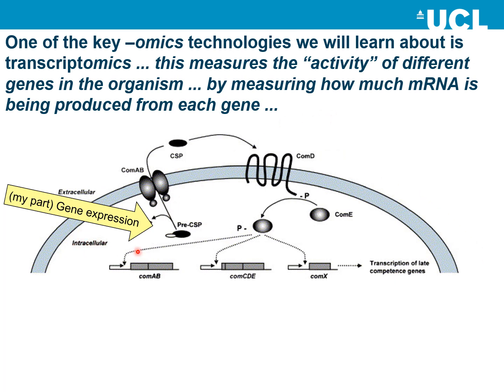In this particular example, we've got the COMC gene, which is here, this tiny little one, transcribed into this messenger RNA for the COMC gene, which is then translated into the CSP protein itself, the competence stimulating peptide.